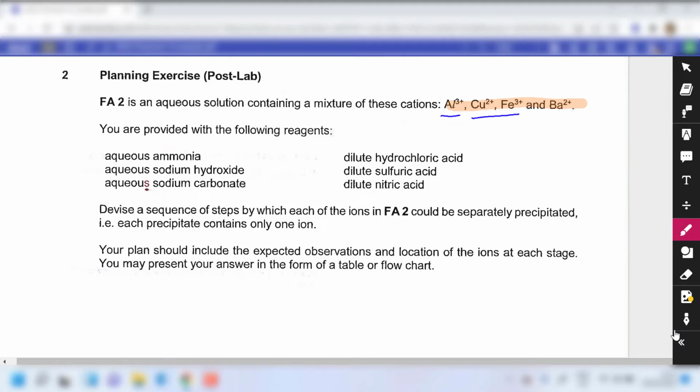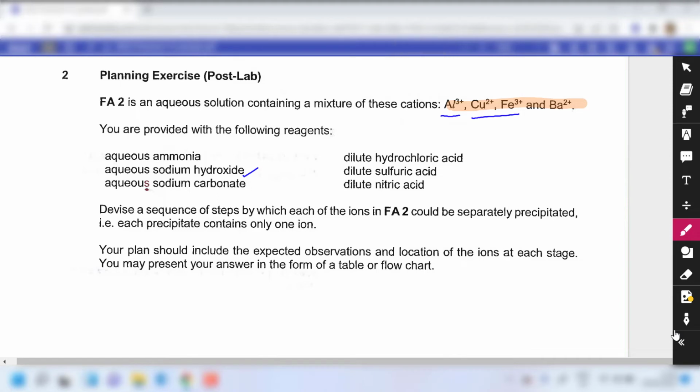But aluminum hydroxide is amphoteric, so it will react with hydroxide further to give you the aluminate complex. So that is something you probably want to take note of, because we could be using sodium hydroxide as one of the reagents to help us distinguish between all the 4.